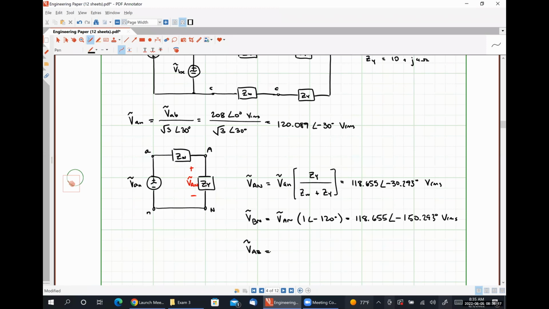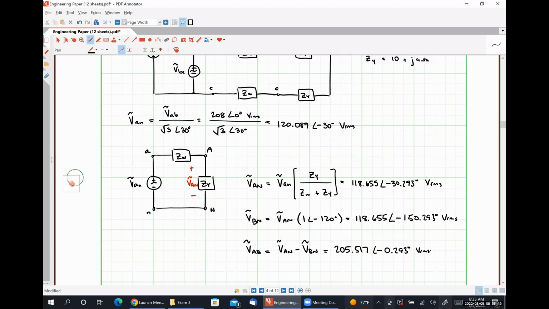From here, our line voltage VAB could be thought of as VAN minus VBN, which would give us 205.517 angle negative 0.293 degrees volts RMS.